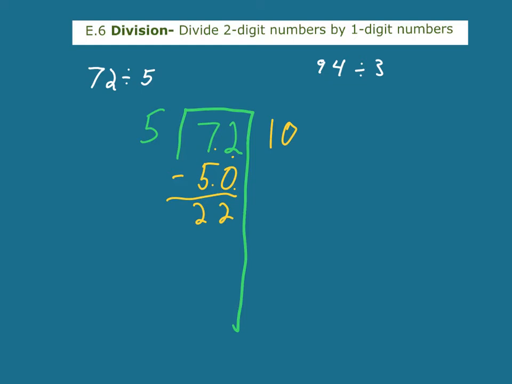Probably a good one for this would be something like 4. 5 times 4 would give me 20. I subtract, and I get 2. I can't go any further. If I were to put a 1 here, I would have to go 2 minus 5, and I can't do that. That's not possible. So I'm done. This is as far as I can go. So now we just have to add these up.